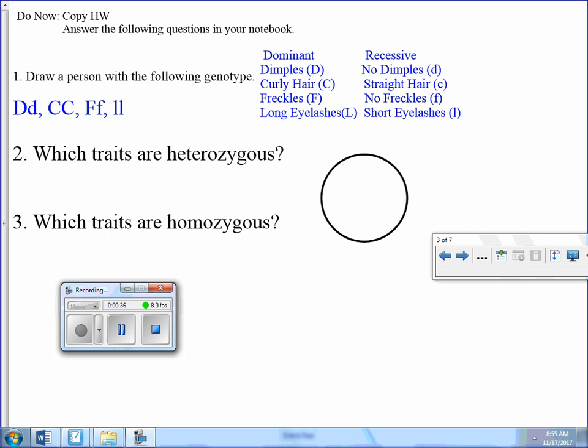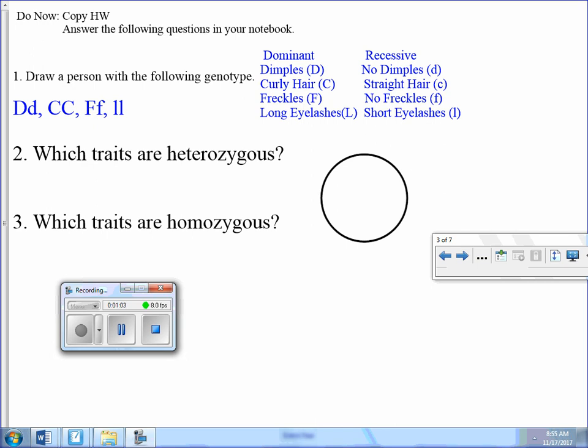The information to the right tells you that dimples are dominant to no dimples. Curly hair is dominant to straight hair. Freckles are dominant to no freckles. And long eyelashes are dominant to short eyelashes. So the letters correspond to what they are. If they're dominant, they're uppercase, and if they're recessive, they're lowercase.